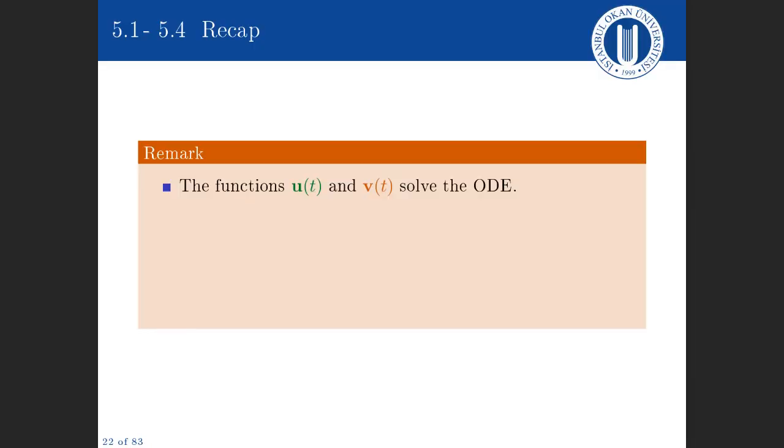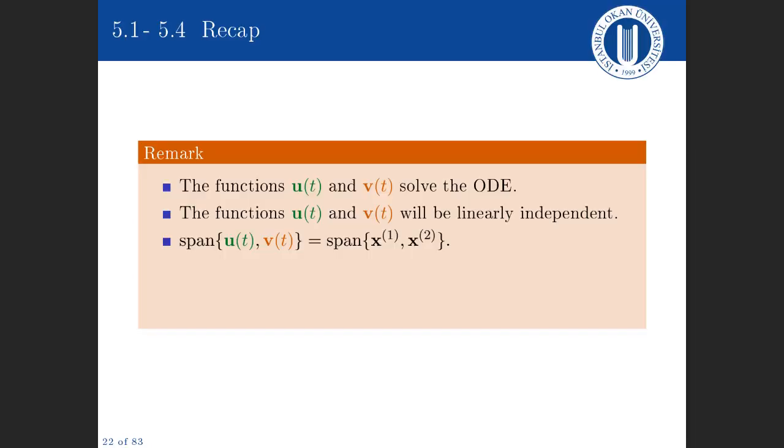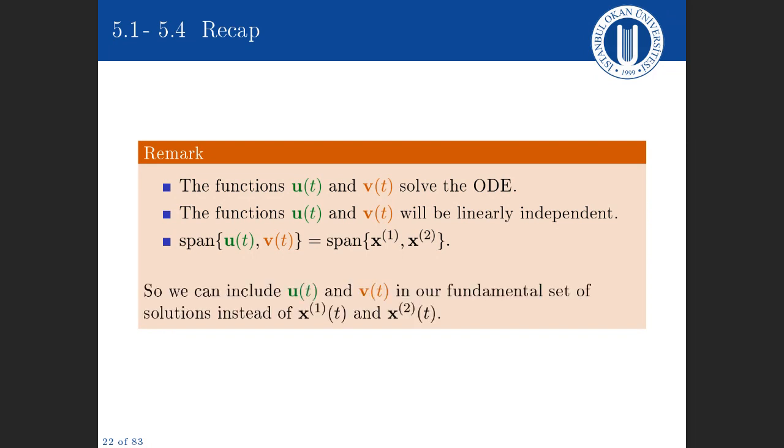Because the functions u and v will solve the differential equation. They are linearly independent, and the span of u and v is the same as the span of x1 and x2. That means that instead of using x1 and x2, we could use u and v in our fundamental set of solutions.